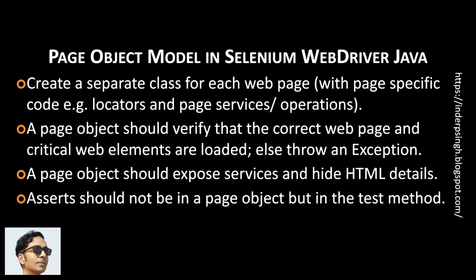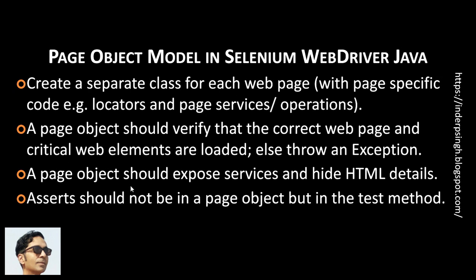Now page object model in Selenium WebDriver step-by-step guide. So first you have to create a separate class for each web page with page specific code, for example locators and page services or page operations. Then a page object should verify that the correct web page and critical web elements are loaded, else it should throw an exception because nothing is going to work if it is not the correct web page.